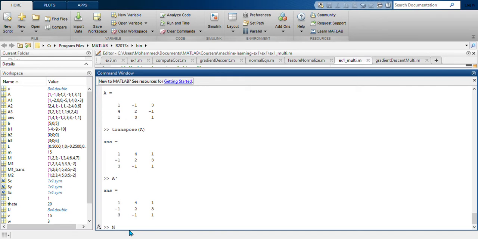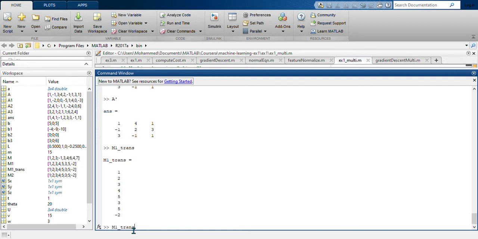Similarly, m1 underscore trans, that's the value we had for m1 trans, which is the transpose of m1. Rather than typing transpose of m1, we can simply write m1 single quote, and that would still give us the same answer.